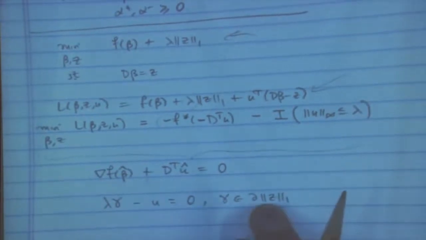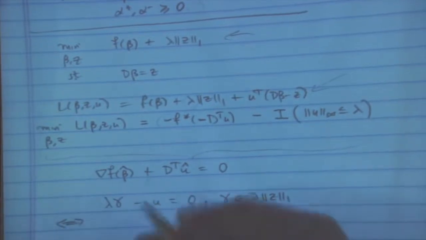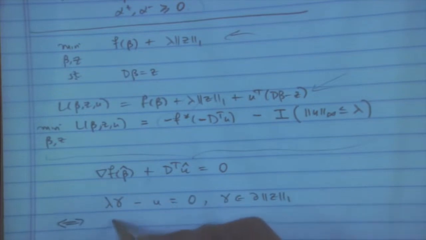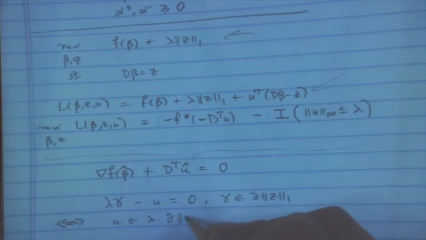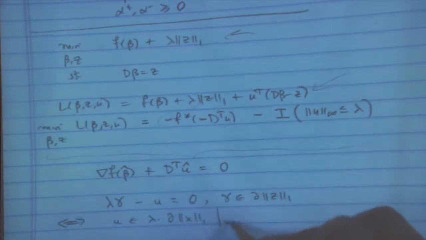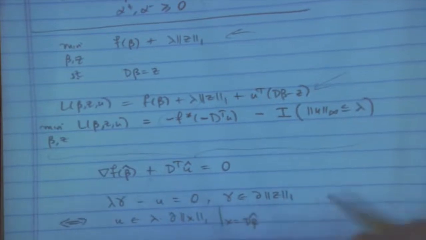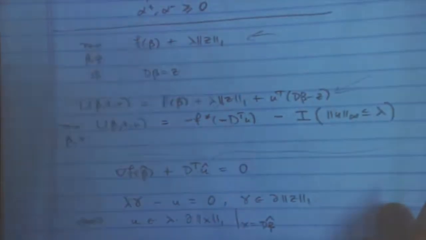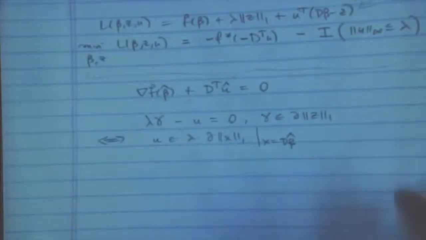Remembering that z is equal to D beta at the solution, we can also write this as u is in lambda times the subgradient of the L1 norm evaluated at x equals D beta. Another characterization for the primal and dual solution.